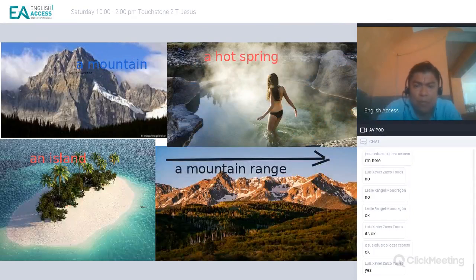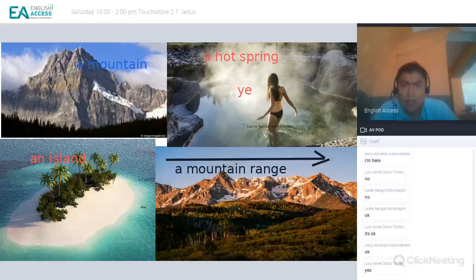Next page. Mountains. We have mountains. Hot springs, islands, and mountain range. Do we have mountain range? Hot spring, yes.